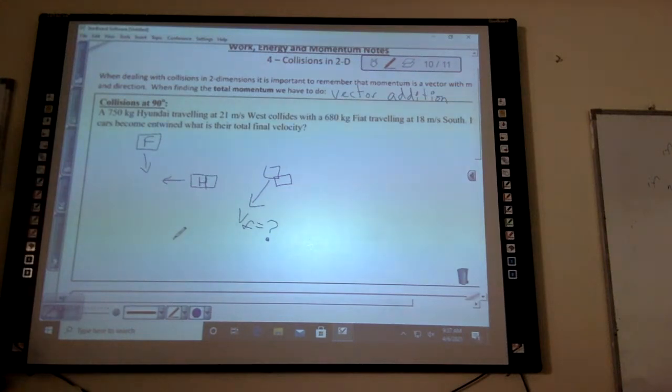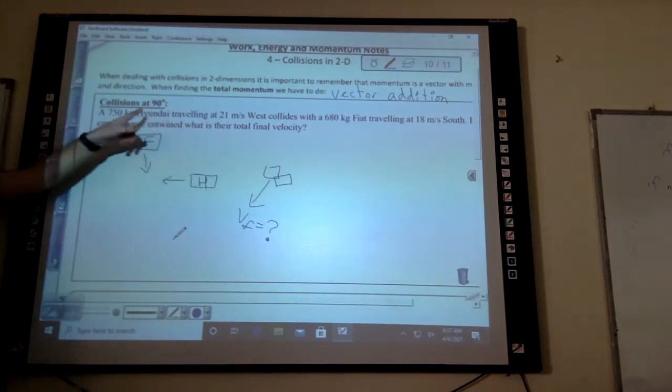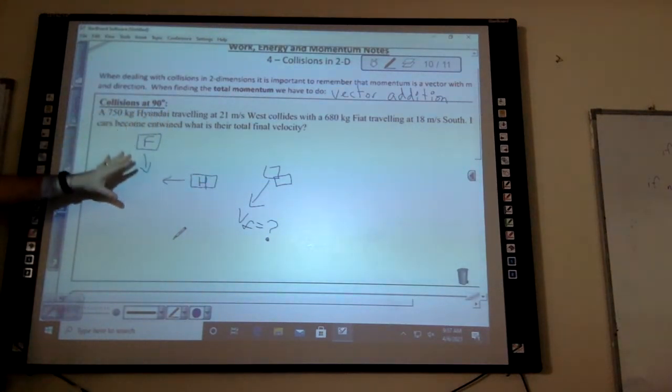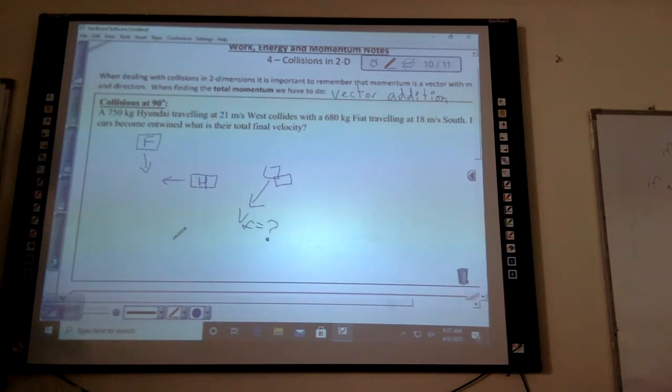So the key thing in doing this is knowing it's not velocity that is conserved, it's momentum that is conserved. And this is going to trip up a few people on a test. Remember, it's momentum conserved. So anytime I'm dealing with something in this question, I need to deal with momentum initial equals momentum final.